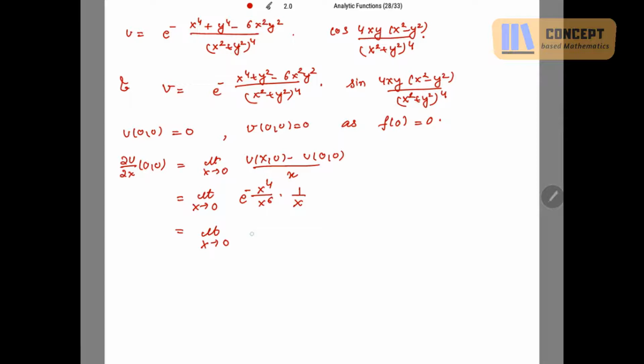So this comes out to be e raised to the power minus 1 over x square over x. This is limit x tends to 0 of 1 over x into e raised to power 1 over x square.